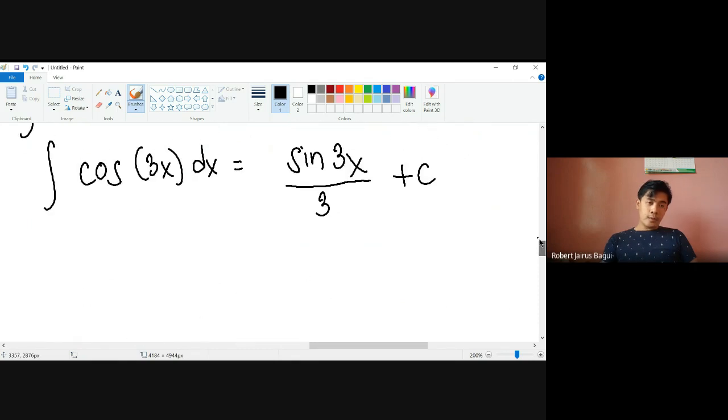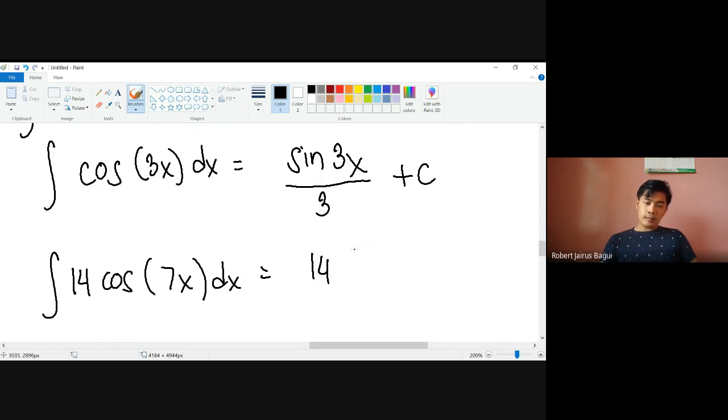So, let's say, halimbawa naman ay may katabing constant. So, 14 cosine 7x. Kung mangyayari dyan, 14, labas lang muna natin.